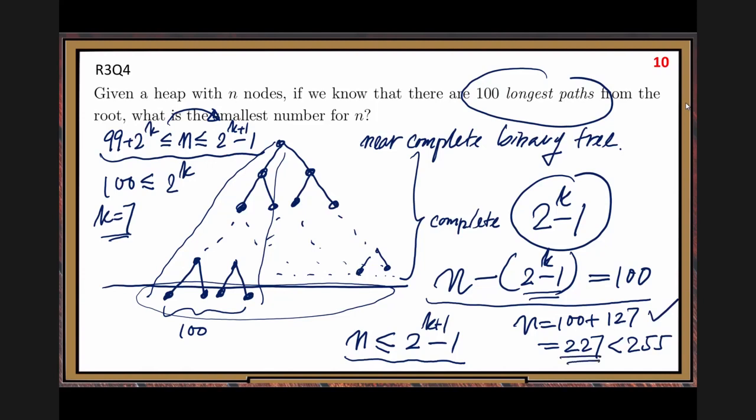You may also check k equals 8. If k equals 8, then n equals 100 plus 255, that's 355.